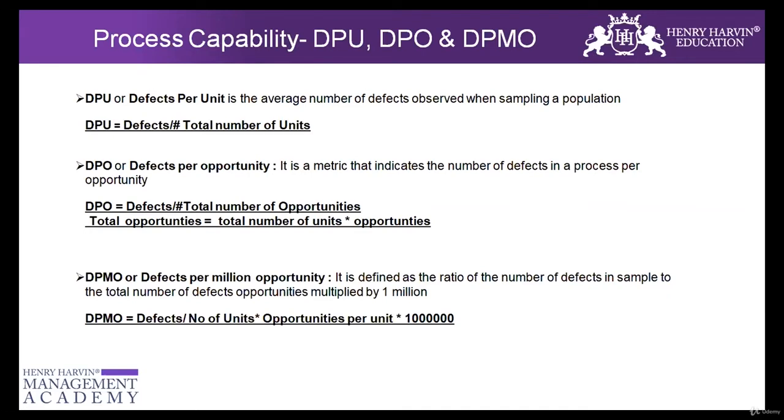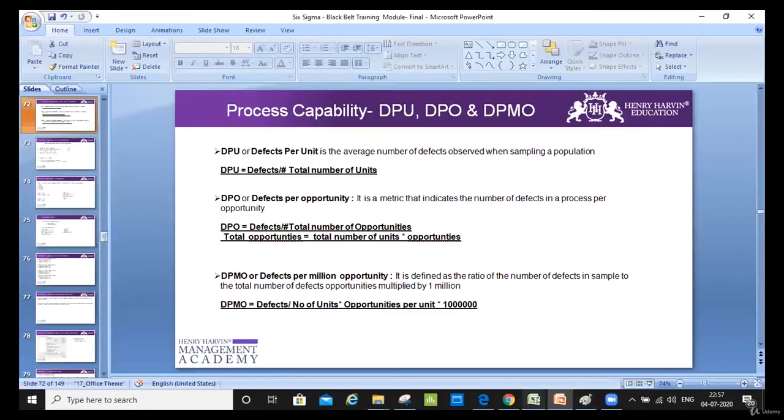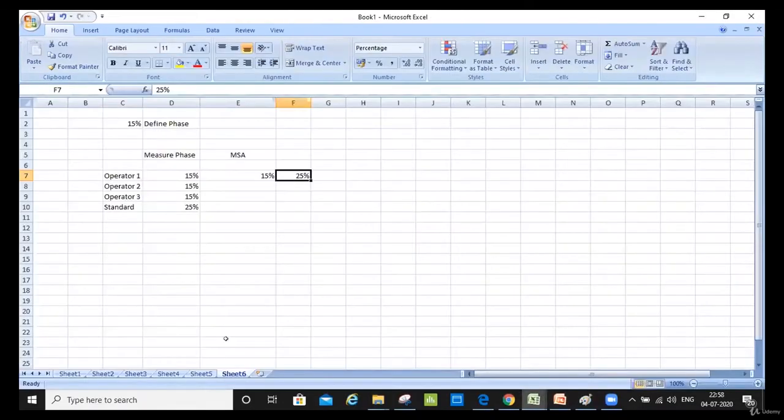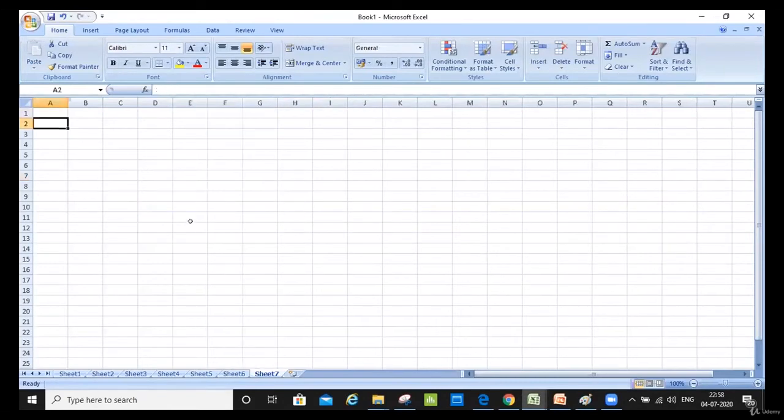Okay, so the formula for defects per unit is very simple: defects divided by total number of units. So if I take an example here, my total number of defects is 100 and my total opportunity is 500.